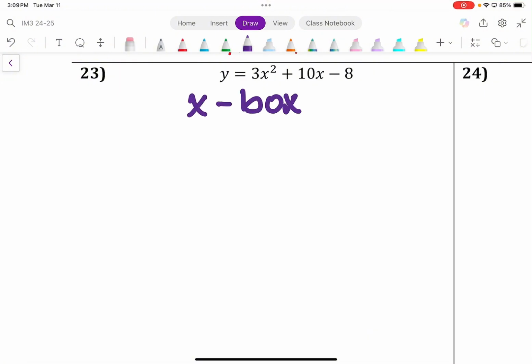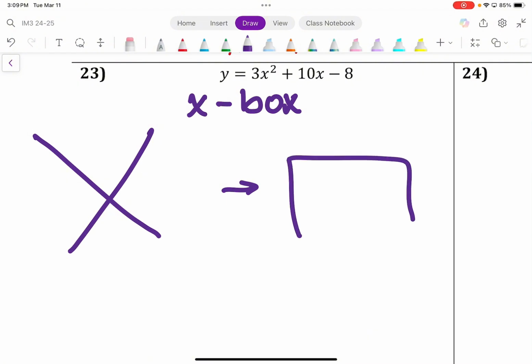This next one will be an X-box method. So you will need to do the giant X first and then a box to factor. Let's begin with the giant X. You are going to multiply the first and the last term.